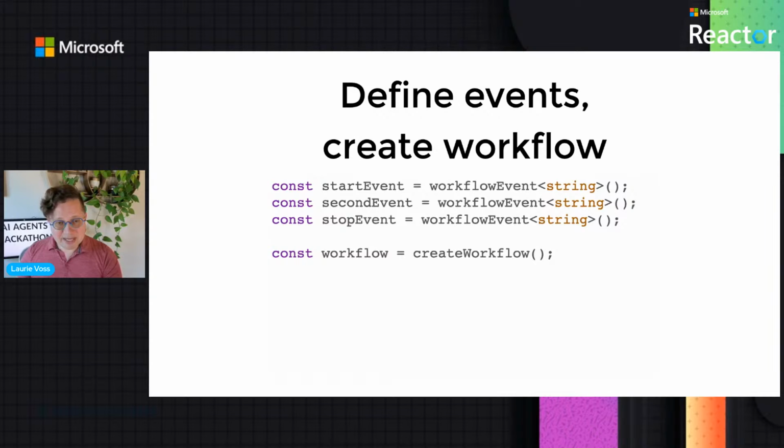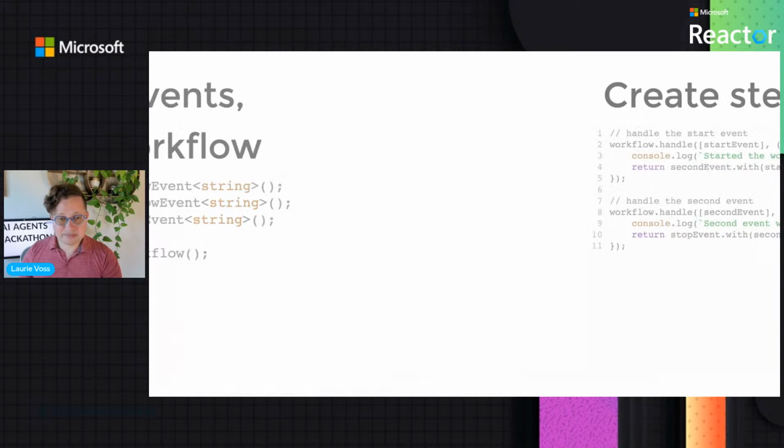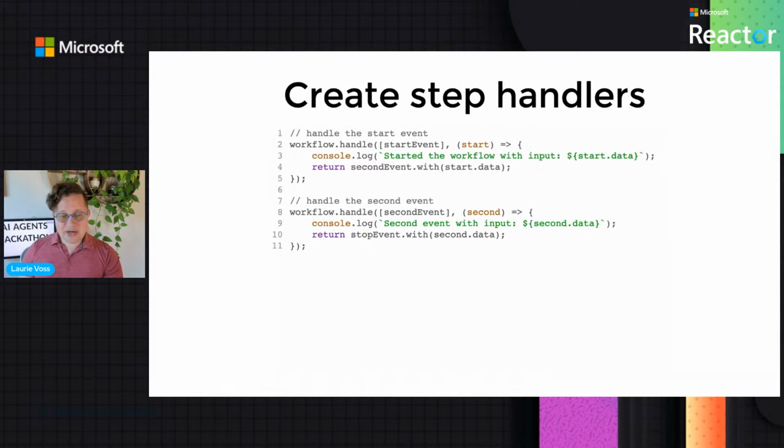Workflows are event-based, so the first thing we need to do is define some events. Conventionally, we always have a start event and a stop event, but you can name these things whatever we want, and then create the workflow itself with create workflow. Now we create handlers called steps. A step usually receives one kind of event.